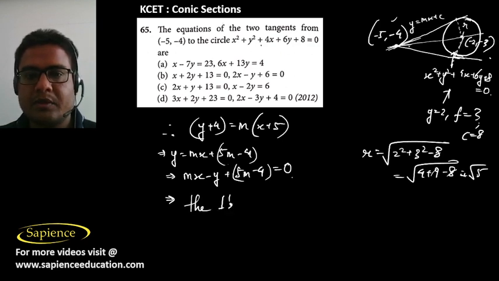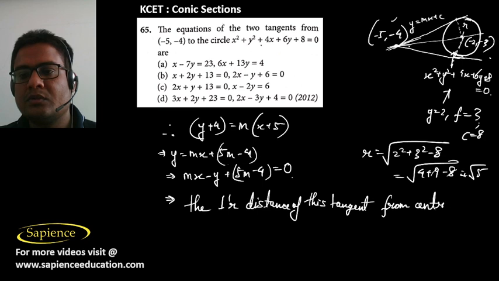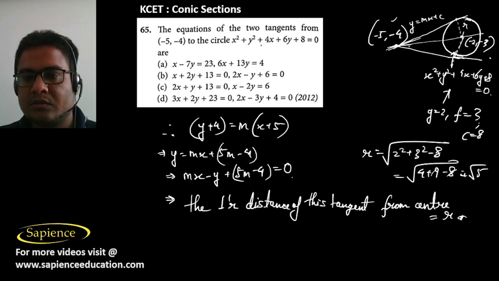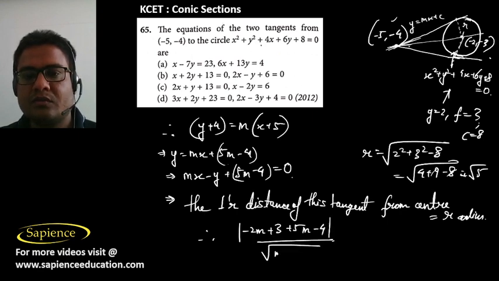Therefore the perpendicular distance of this tangent from the center is equal to the radius. So this will be mod of minus 2m plus 3 plus 5m minus 4 divided by square root of m squared plus 1, equal to the radius, which is root 5.